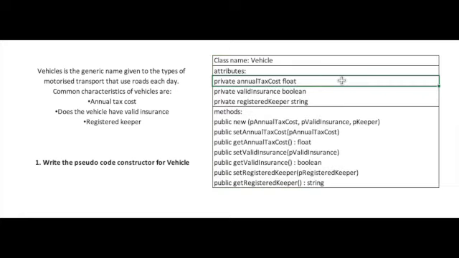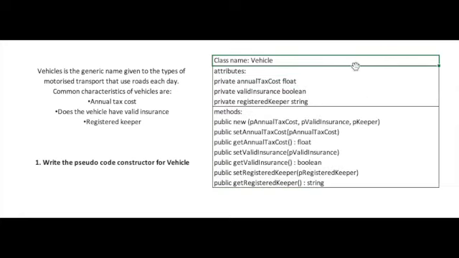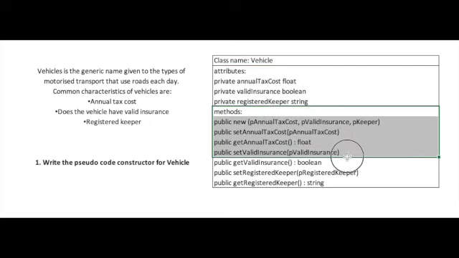So let's look at the three parts of our UML class diagram. We have the vehicle class name. We then have the attributes of the class, and we have the class's methods.